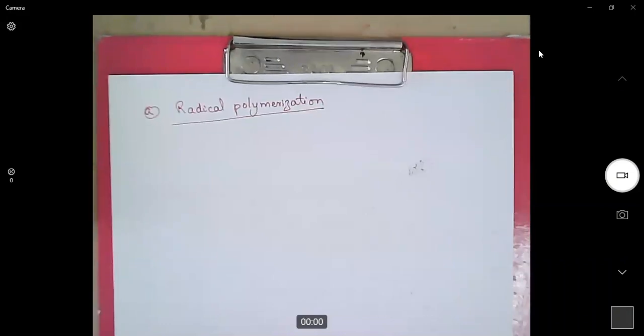We will discuss these three different types of polymerization reactions one by one.